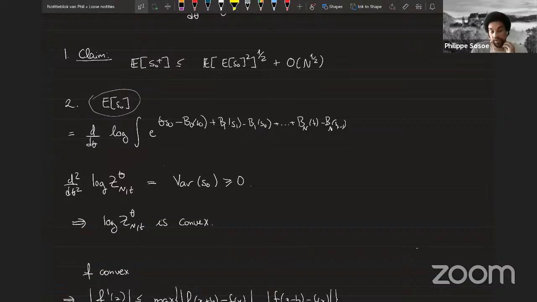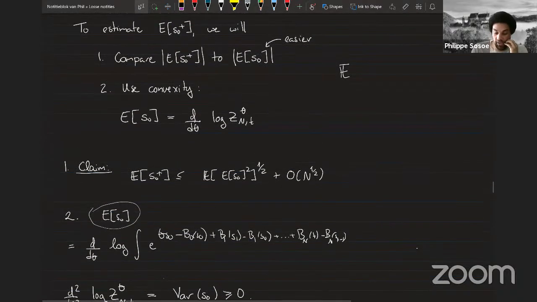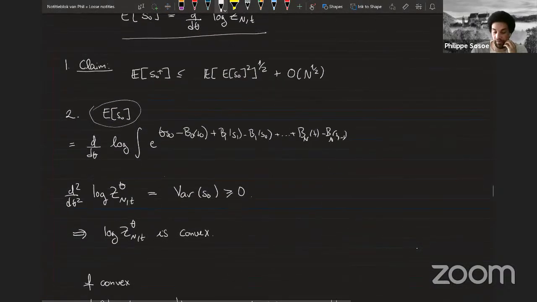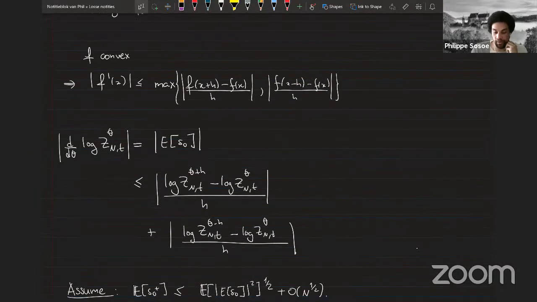If the partition function is convex, why is that interesting? Well, I just told you what we're trying to estimate, we can replace by expectation of S0. On the other hand, expectation of S0 is the derivative of the partition function, and the partition function is convex. Well, if you have a convex function, you can bound its derivative at a point by difference quotients.